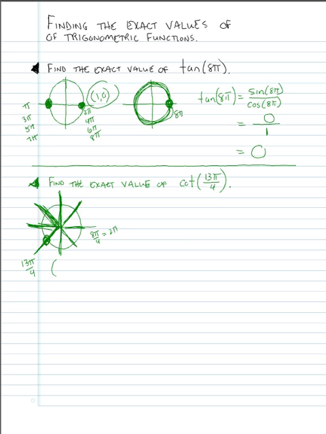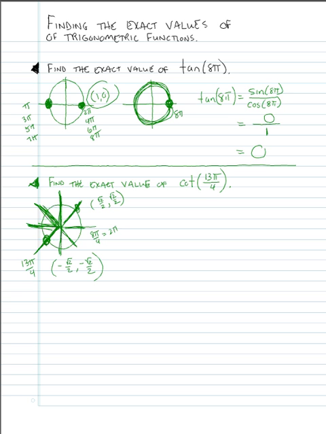But in this case, remember up here, the coordinates at 1 pi over 4 are square root of 2 over 2, comma square root of 2 over 2. And so they're going to be related to those. But here, both of our coordinates are negative because we're in the third quadrant, aren't we? So we get negative square root of 2 over 2, comma negative square root of 2 over 2. So that's how we make that decision.